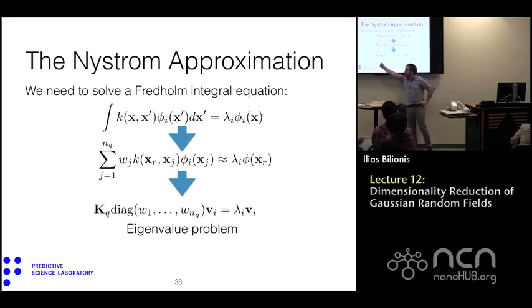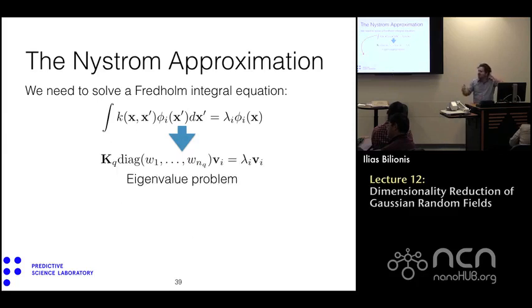So you basically just need the eigenvalues and eigenvectors of this matrix. Okay, so you find them with your favorite methodology. It's a symmetric, positive definite matrix. So all the eigenvalues are going to be positive. Okay.